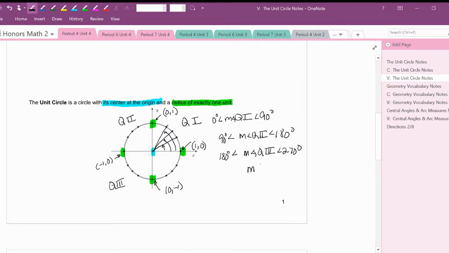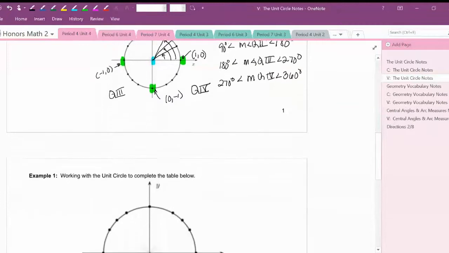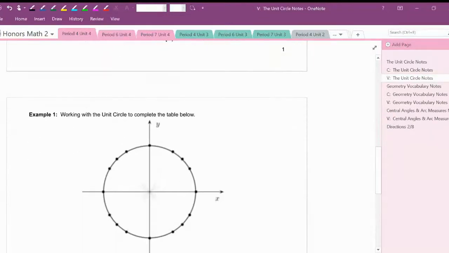And then we enter quadrant 4, where my measure is going to be in between 270 and 360.